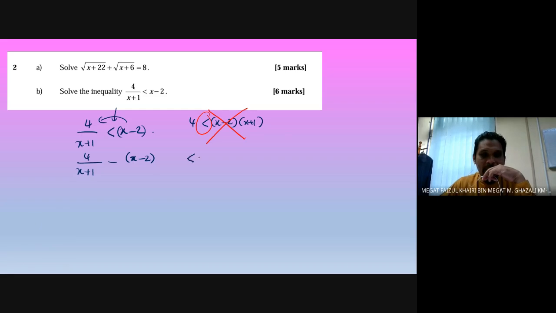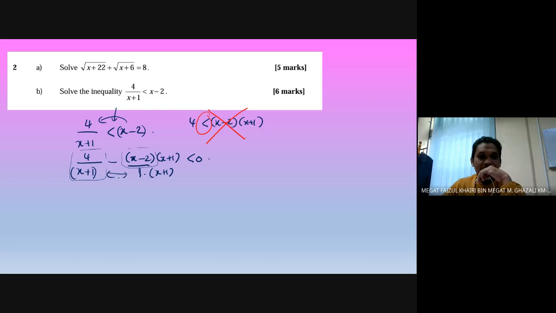Okay, less than 0. By the way, this is in fraction form, and this is not. We just imagine that this is divided by 1. Okay, so the best thing we can do here now is equalize the denominator by multiplying with x plus 1 down here and also x plus 1 up here.